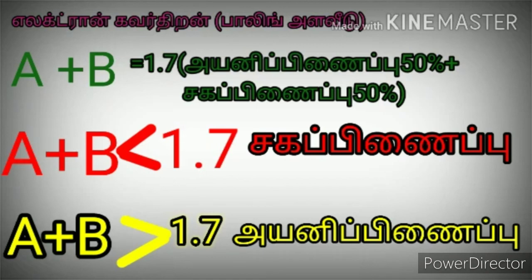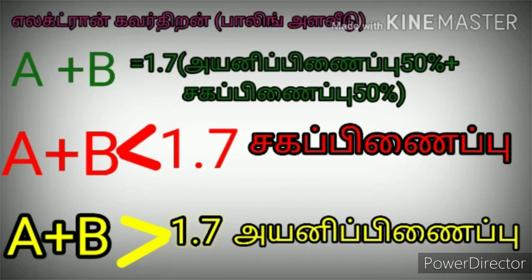If it is more than 1.7, it is an ionic bond. So according to the electron affinity, we can classify whether it is an ionic bond or a covalent bond.